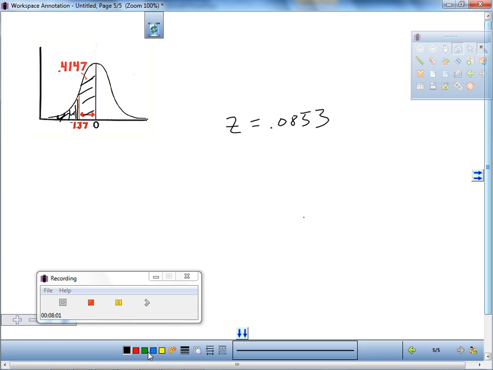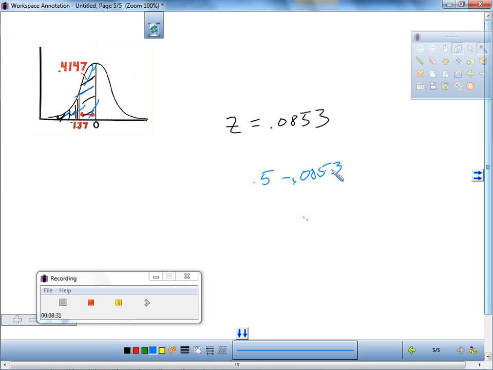But what we do know is that the whole area from here to here would be 0.5. So what we do to find that is take 0.5 and subtract 0.0853. It should give us 0.4147.